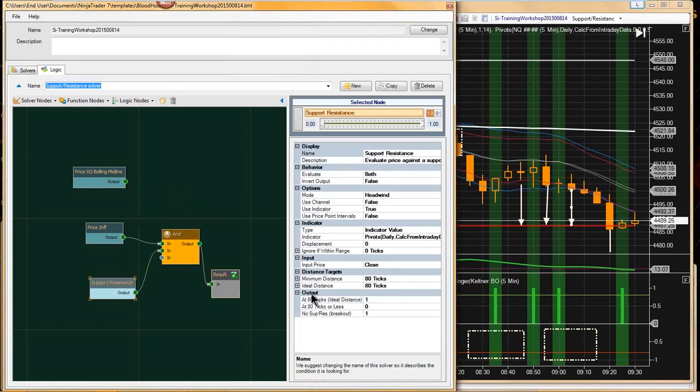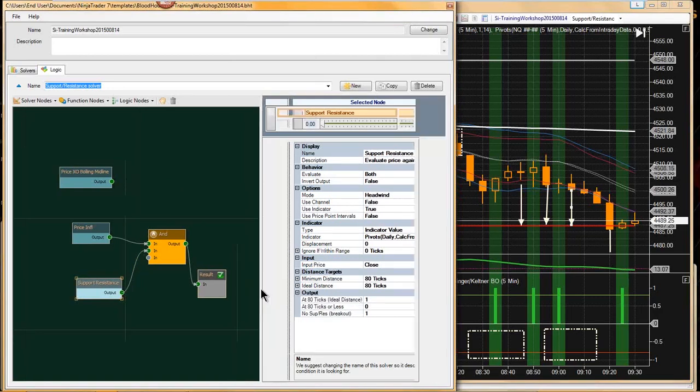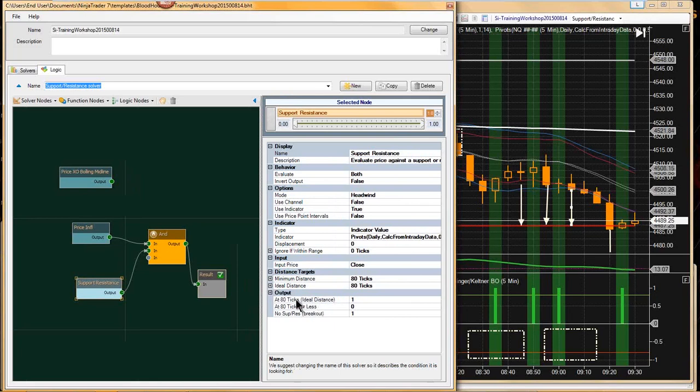So we have the output section, where you can control the various output aspects. The first one here, at 80 ticks using the ideal distance. If you look at the distance targets, we have an ideal distance. This minimum distance and ideal distance allows you to use BloodHound's fuzzy logic part.